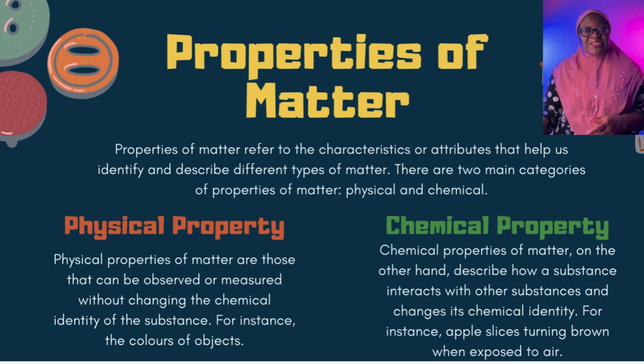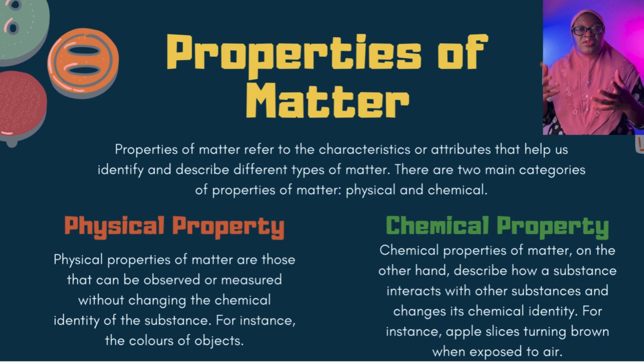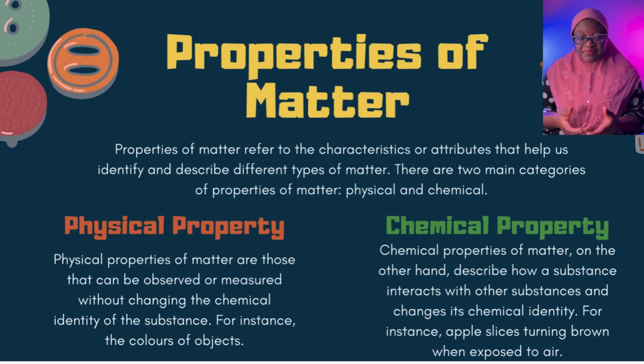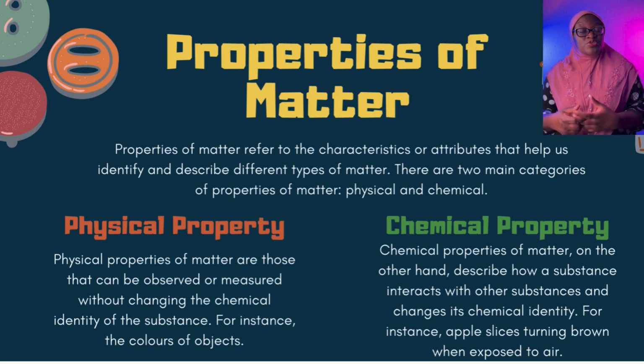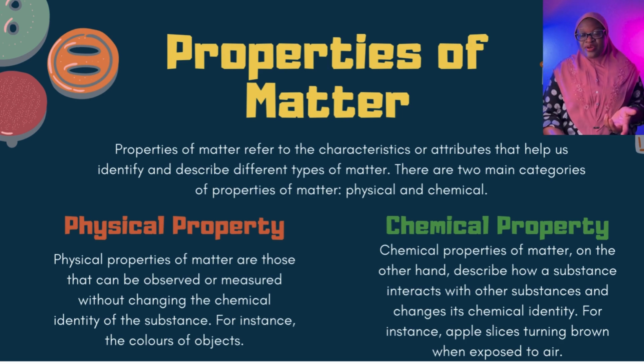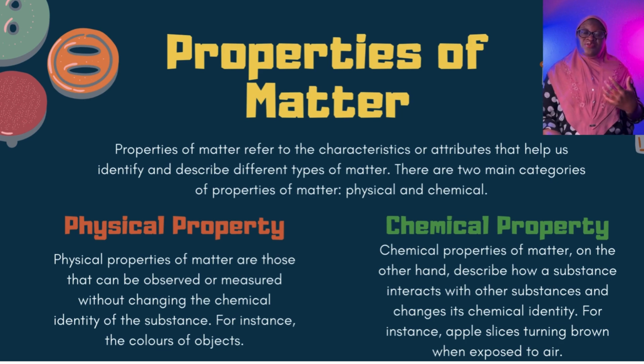Another chemical property is also corrosion. If a metal or iron is exposed to oxygen and water, we observe what is called rusting. So when the iron rusts, you can't get back the iron.